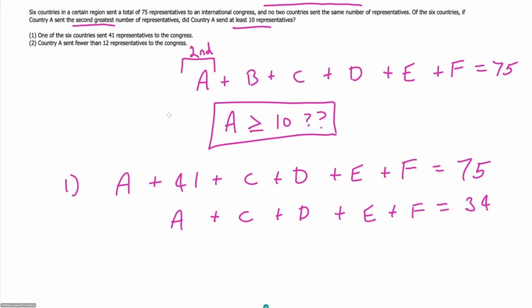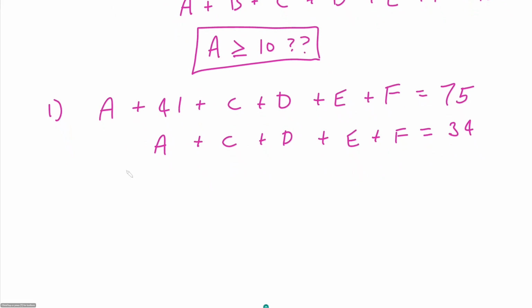One strategy to find the minimum value of A is to maximize everything else. But a good place to start is to just test: can A be equal to 10? If A is equal to 10, the rest of our countries have to sum to 24.